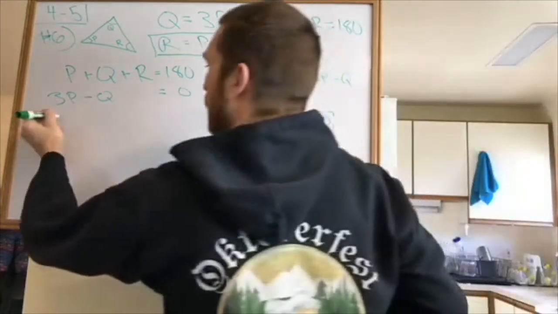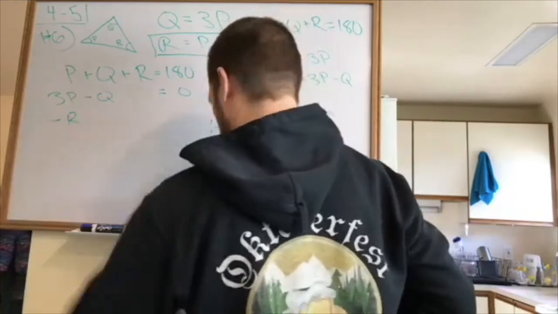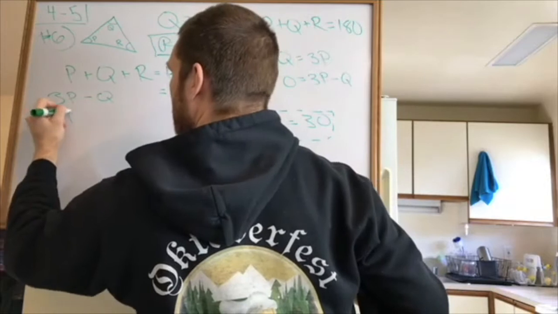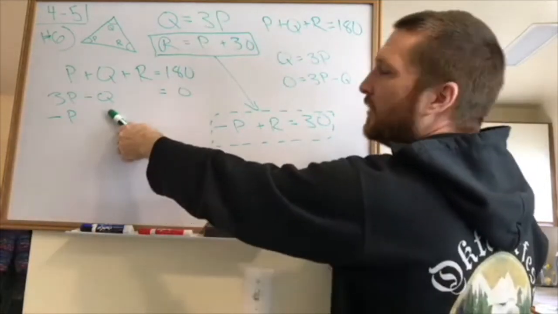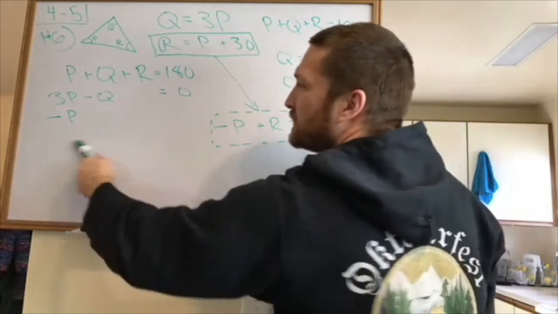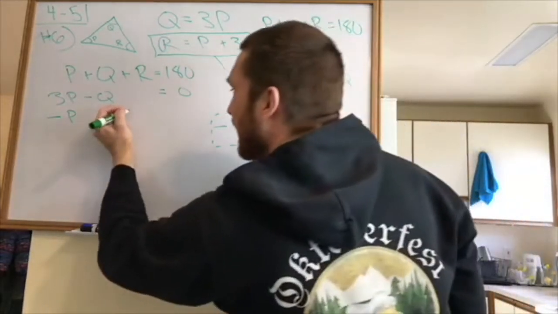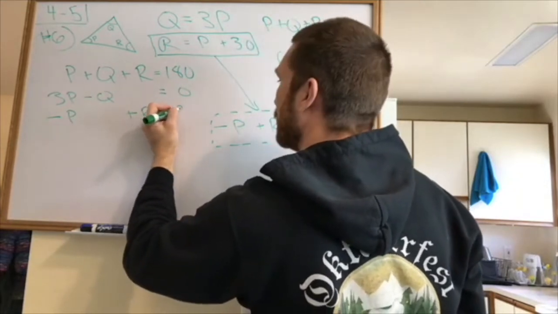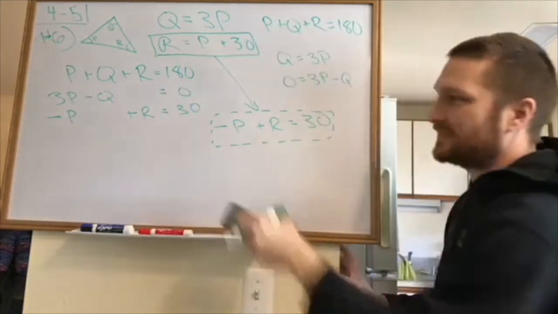I'm going to go minus P, oops, that's an R, minus P plus R. So minus P, I'm not going to do my plus R here because that's the Q column, right? The whole reason I'm doing this in the first place is to help me get an idea of what my matrix is going to look like when I go to set it up.